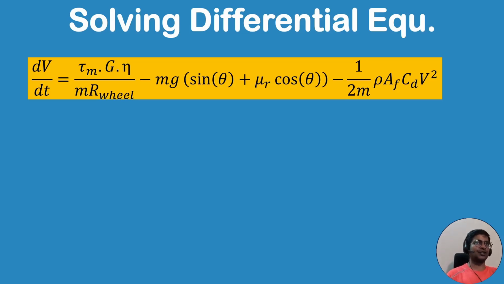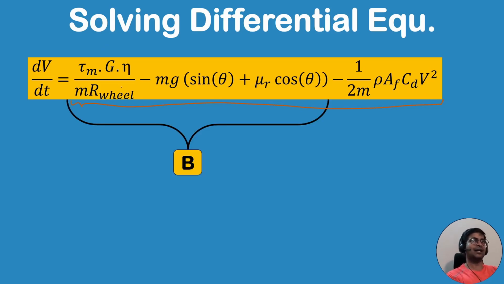So let's come back to this entire differential equation, where we have written dv upon dt is equal to, an expression we are already familiar with. What we have done here is made the motor torque a constant.